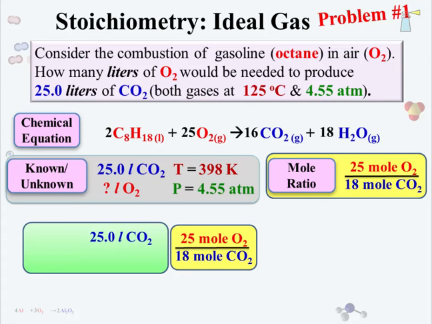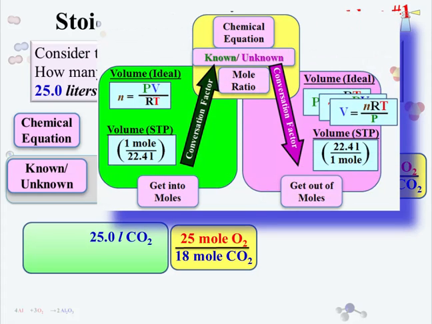Step 4 is getting into moles of the given substance, carbon dioxide, from the 25.0 liters of carbon dioxide. How is that transition accomplished? Returning to our graphical guide, we see that getting into moles from gas properties is through a modification of the ideal gas law equation.